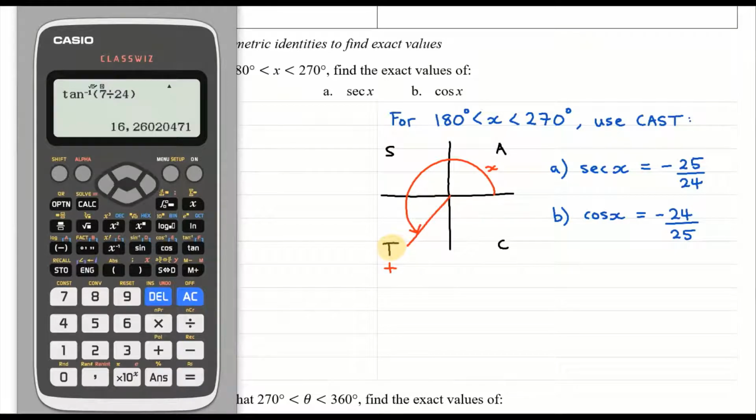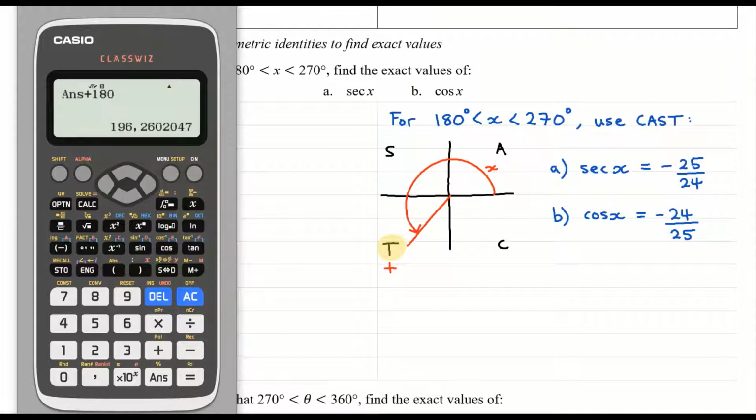So it's going to give me an acute angle, 16.3, roughly. Now, the angle we're interested in is a reflex angle, and it makes the angle 16.3 with the horizontal. So I need to add 180 degrees to that. So 196.3 is the angle x in this situation, which we're not asked to find, but it's there anyway.